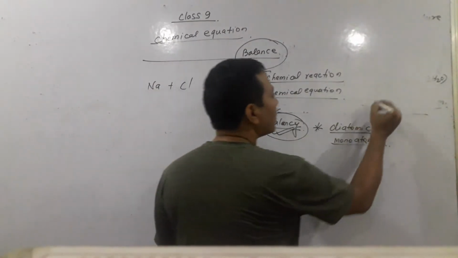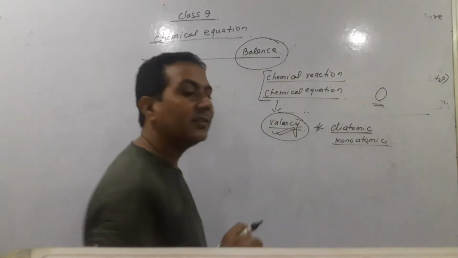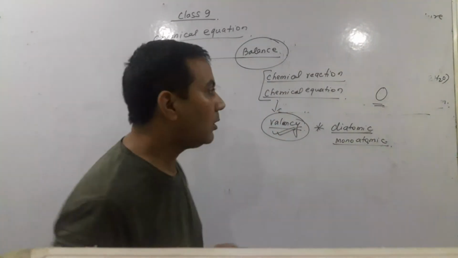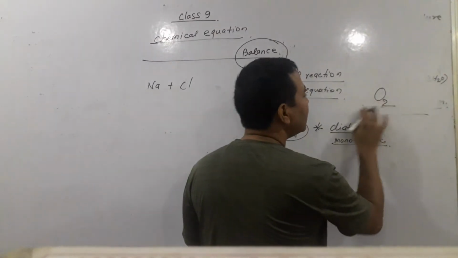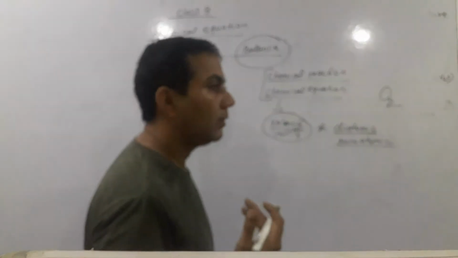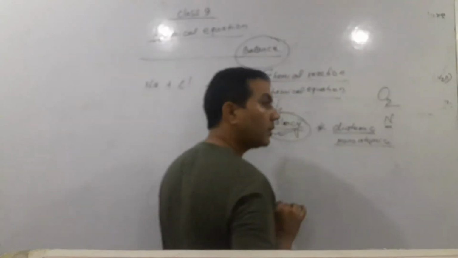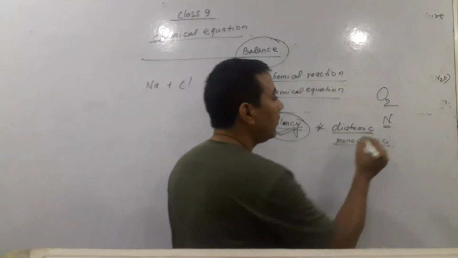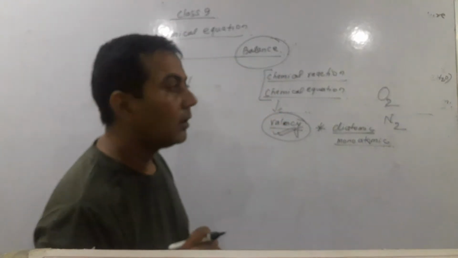For example, oxygen atoms cannot exist individually. So two atoms are combined and they exist in two forms. That means if we write nitrogen, we cannot write only N. We have to write N2, like this.